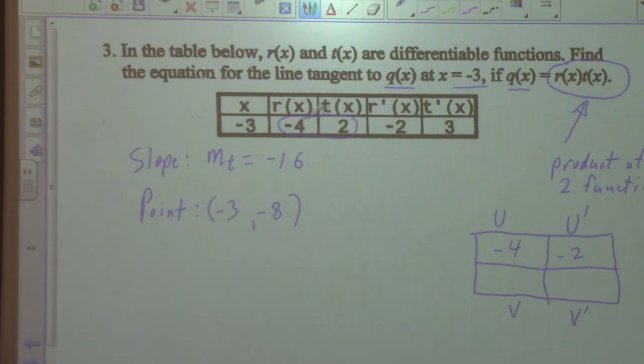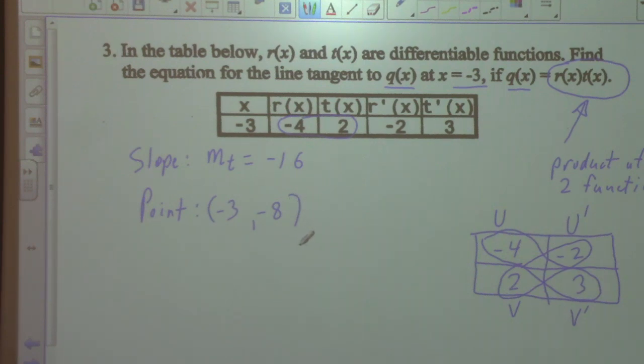So negative 4 goes here, and negative 2 goes here. Then V prime is 2 and 3. You multiply these two together plus these two. You get negative 12 plus negative 4, and that's how you come up with negative 16.